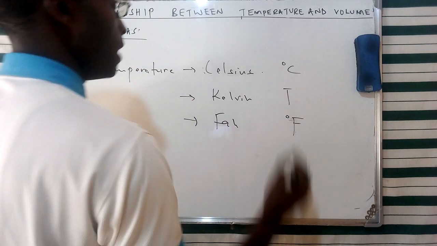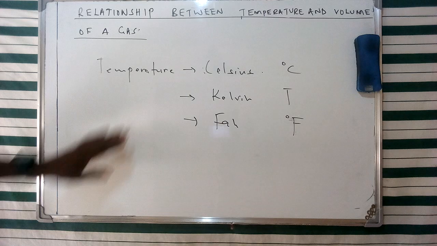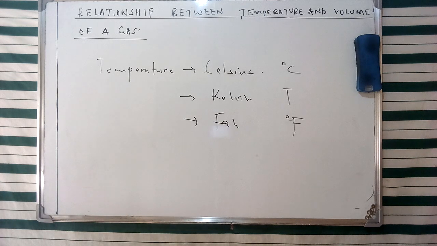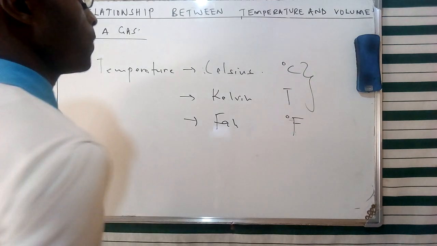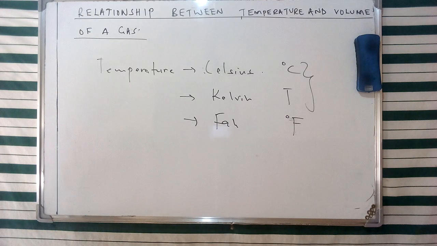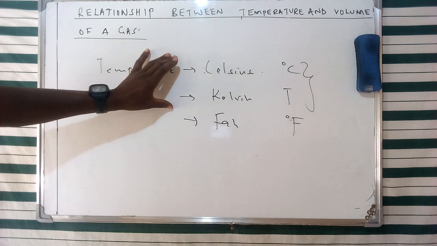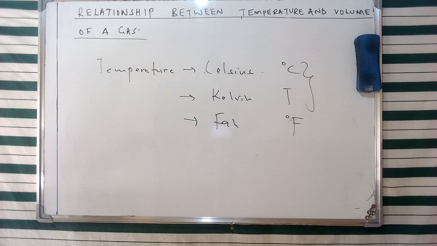So in this case, I'm going to basically rely on one of the scales that we're going to see. But particularly for this concept of relationship between temperature and volume, I'm going to rely on the relationship between the first two. And we're going to find one of the conversion factors, which is going to be very much essential in finding the relationship between temperature and the volume of a gas.